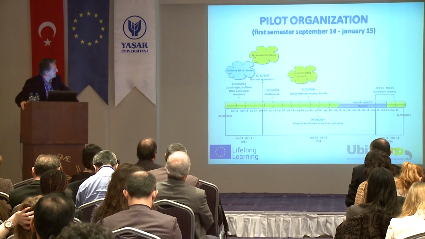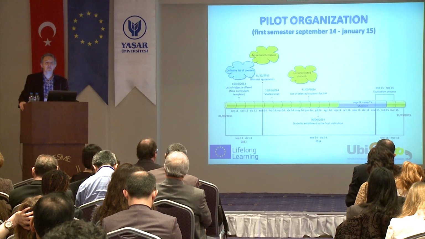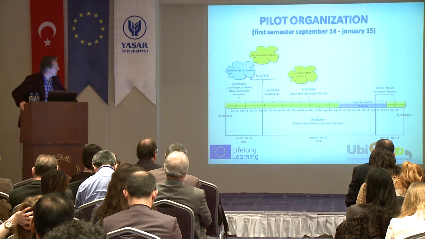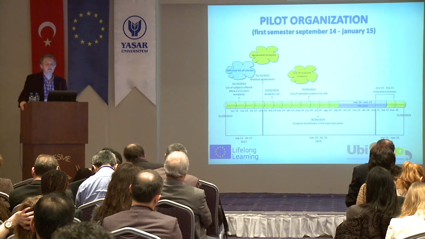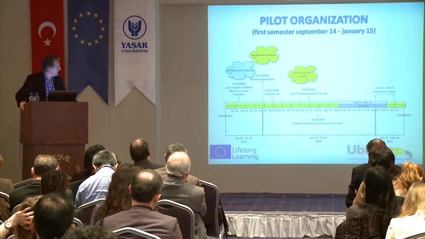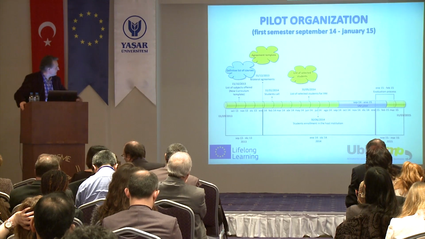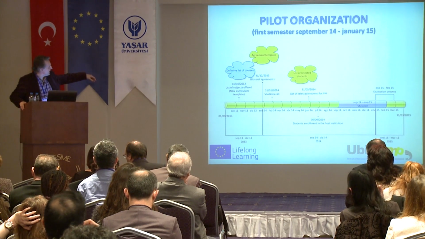Our pilot had a lot of different phases, but here are the most important phases designed in order to interchange the students. First of all, we define a definitive list of courses.